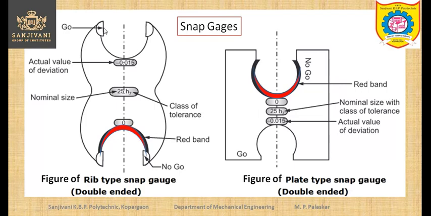Because this is the go, so this size should be slightly more and this size should be slightly less, so that we should not be able to insert the shaft here, because this is the no go end.